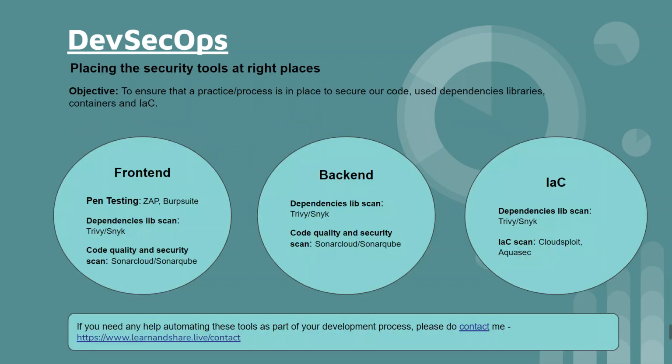right? Now the final stage is placing the security tools at the right places. So what is the objective? As we discussed, this is to ensure that the necessary practices and processes are in place to secure our code, dependent libraries, containers, and IAC, which is infrastructure as code. For the front end, as I was explaining earlier, we can do pen testing, and the experience I have is with ZAP and Burp Suite. Burp Suite, I have a little experience.